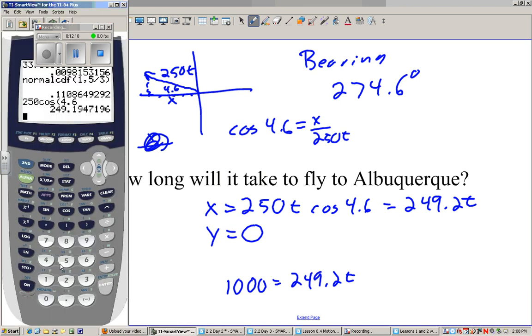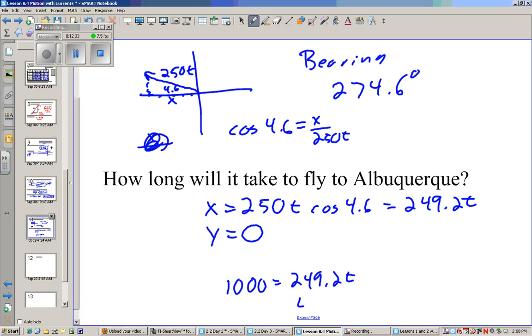So 1,000 divided by our answer. I did one too many zeros. Will give us 4.01 hours. So just a little bit longer than it would have taken if there was no wind.